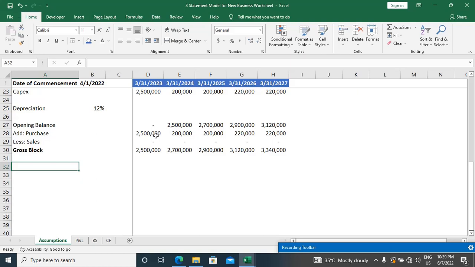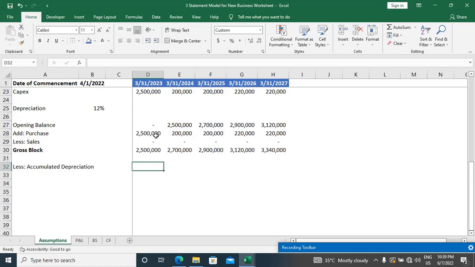So now, as this is the gross block, if we deduct this accumulated depreciation from this gross block figure, then what do we get? We get the net block, that is net assets.